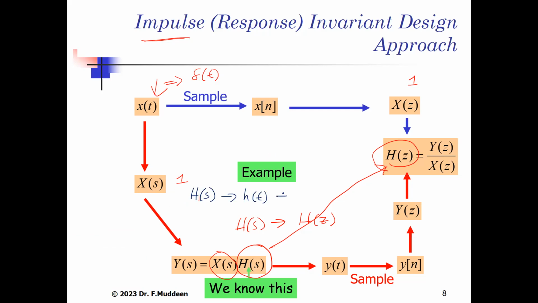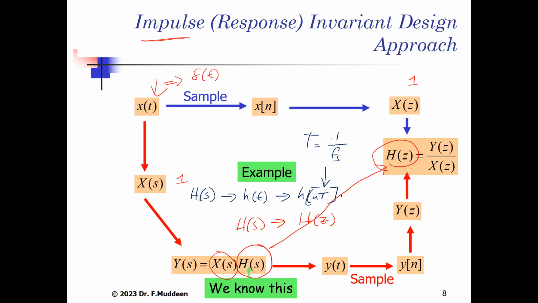Then from h(t), you need to sample to get h(nT). Of course, you need to know what T is. T is 1 over Fs, which has to be given somewhere. Remember, it's either given or you choose it depending on the requirement.